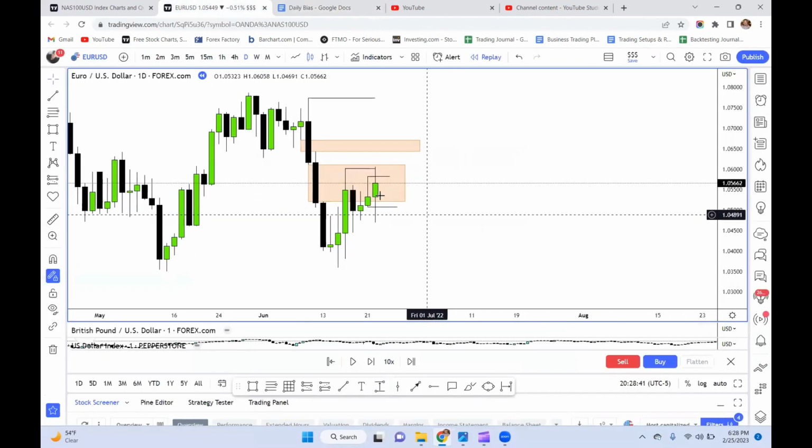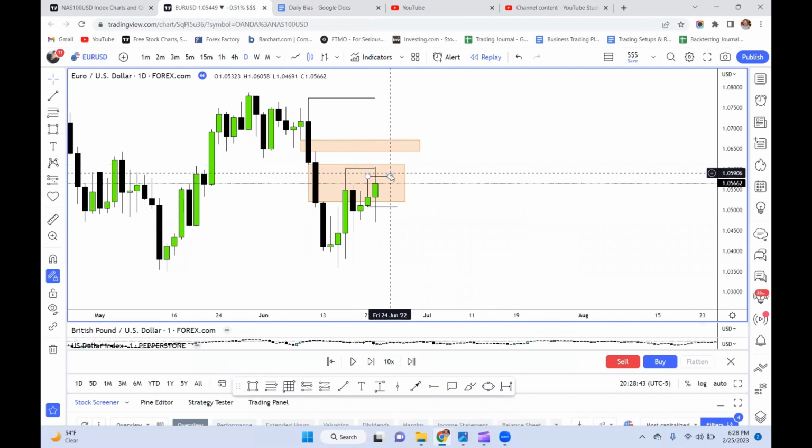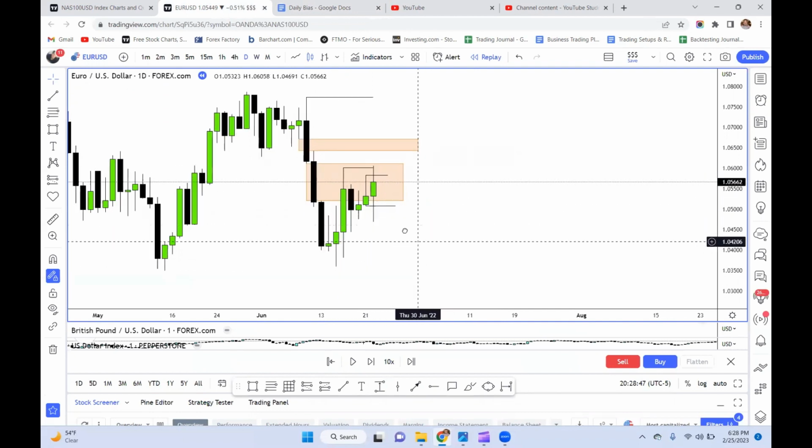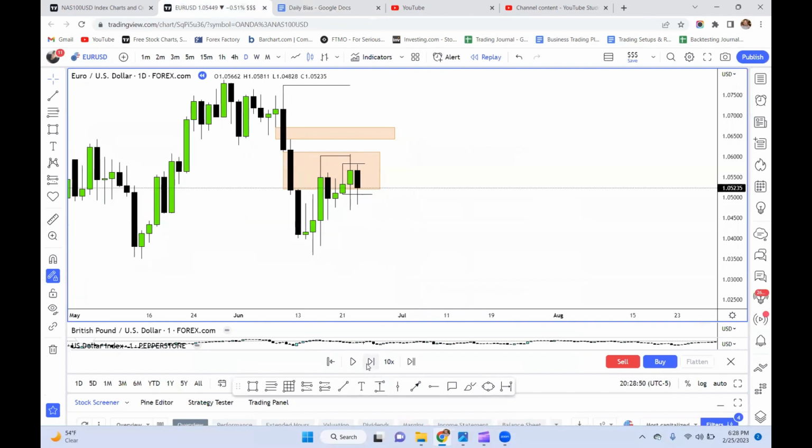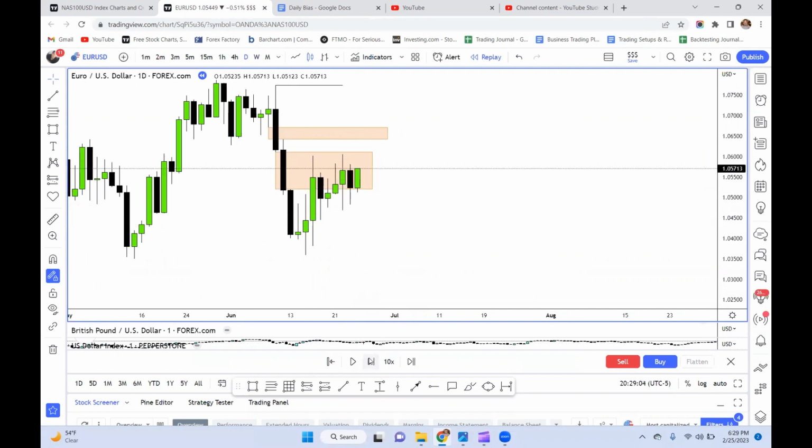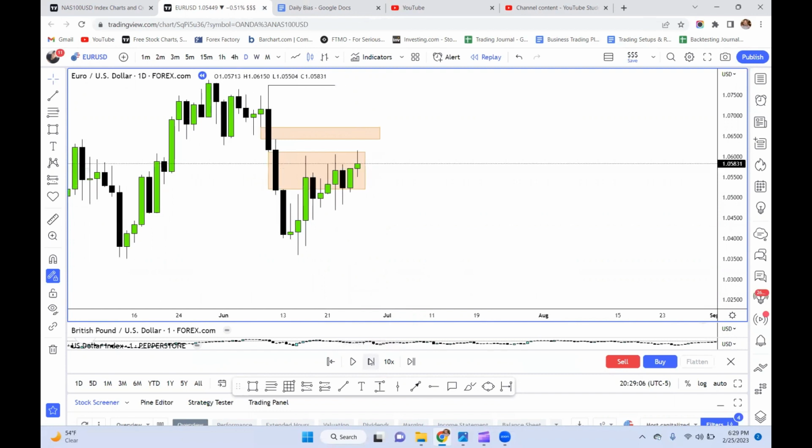Okay, so let's see if it turns around. It rejects from this fair value gap and starts spooling, expanding this way. Let's see what happens. Okay, so right here, this candle closed, the wick didn't take out the low or the high, closed within. Same thing with this candle.